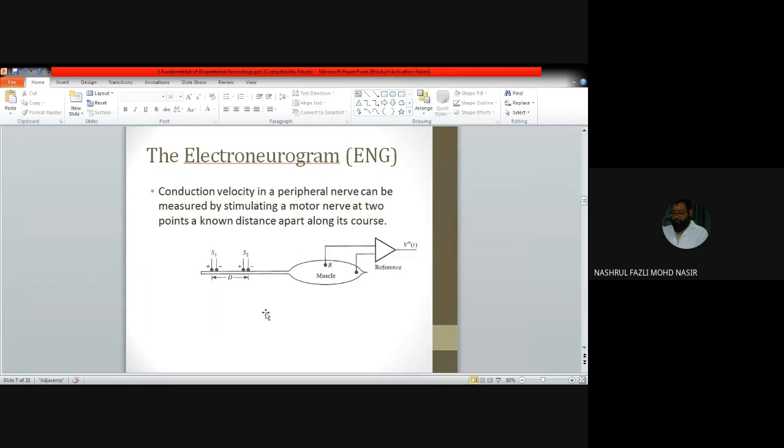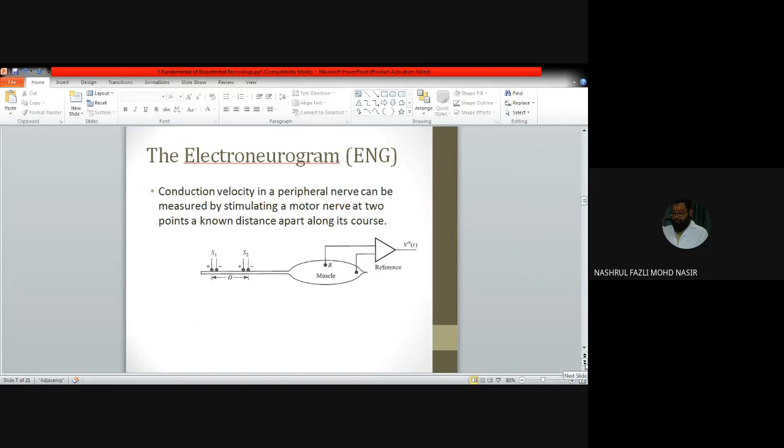So we look at the peripheral nerve instead of the central nervous system. So stimulating a motor nerve at two points, at a known distance apart along its course, you have the reference.